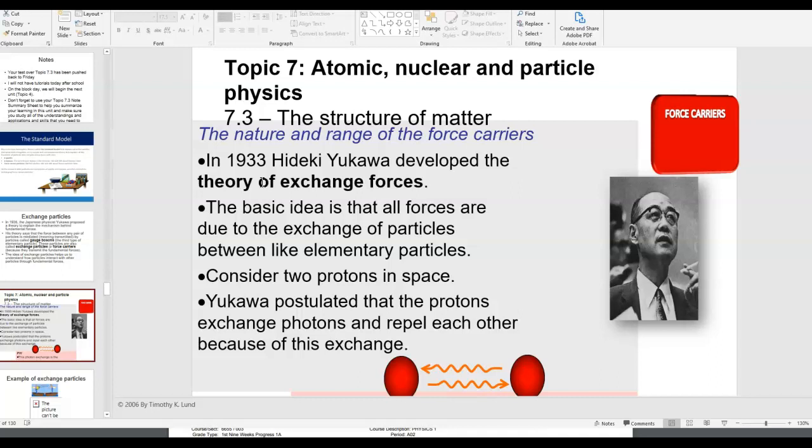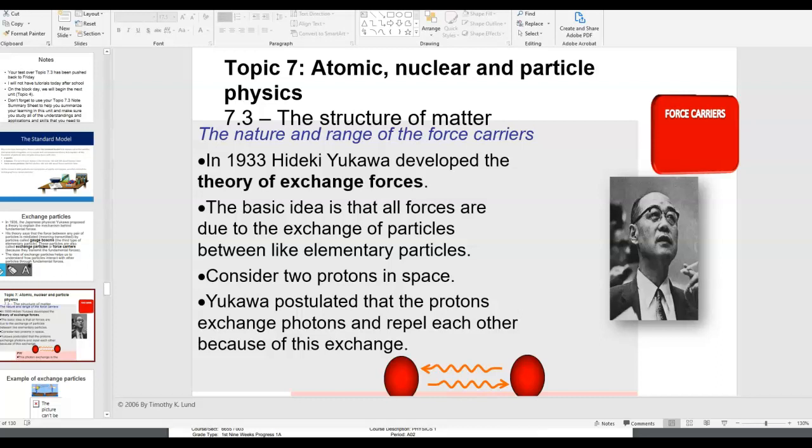According to this theory, if you have two protons and they're repelling each other, what Yukawa postulated was that the protons exchange photons and repel each other because of this exchange of photons. Basically, he's saying that the photon is the exchange particle for the force that protons repel each other through, which is the electromagnetic force, or more specifically the Coulomb force, which is just the electrical part of that force.